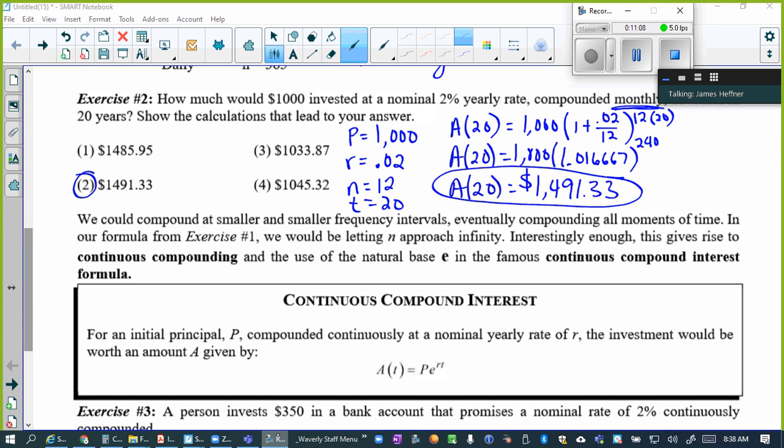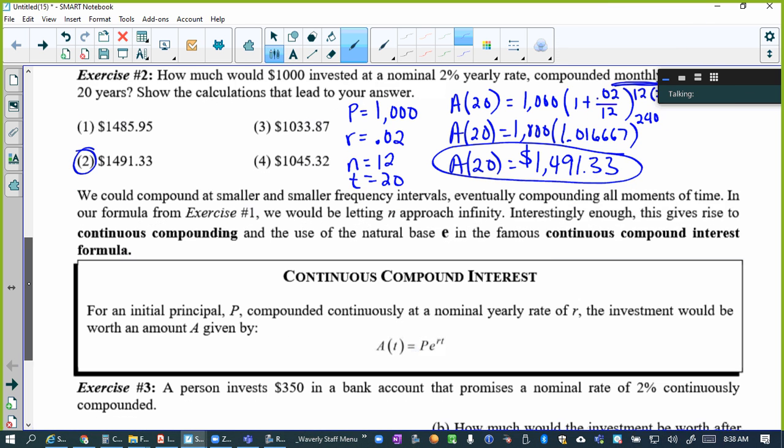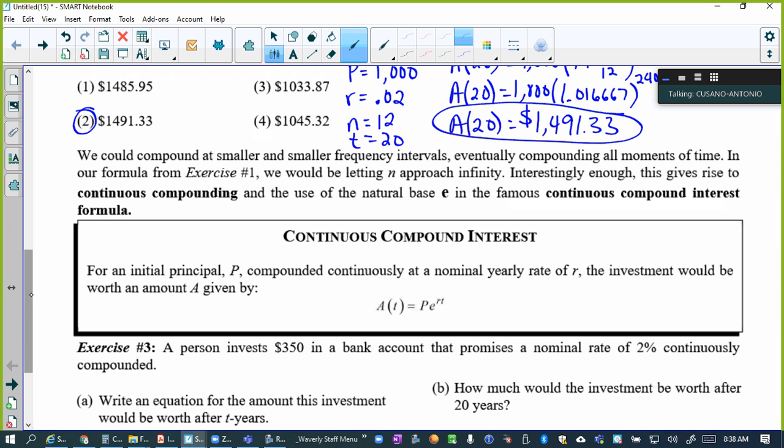Okay? So as we make the compounding periods very, very small, like we're talking about down to seconds now, we could even divide up seconds into nanoseconds, couldn't we? Right? So what am I approaching here? How many compounding periods does it sound like I'm approaching here? Infinite. Infinite, right?